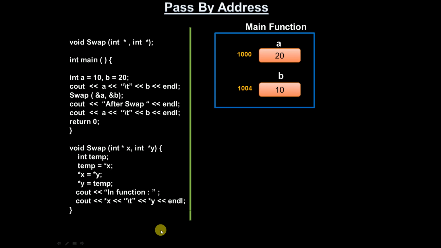Whenever we are using pass by address, whatever modifications you do in the function will be directly affected to the arguments provided by the caller of this function.